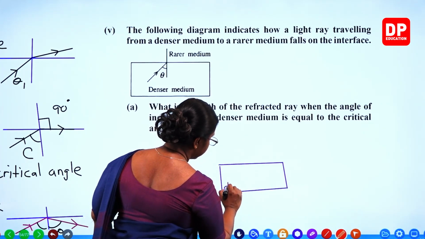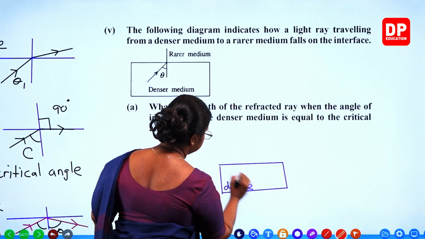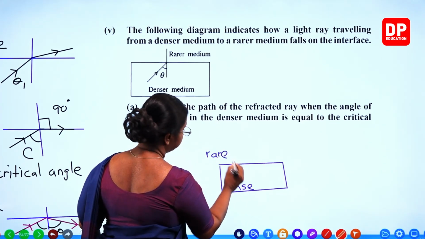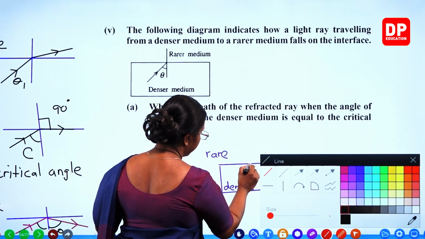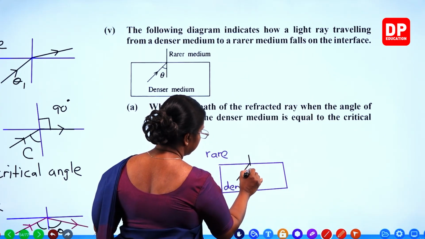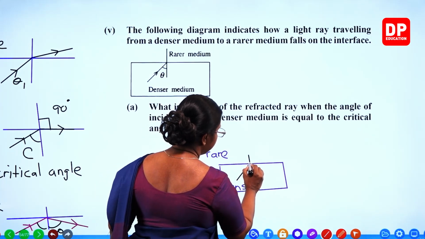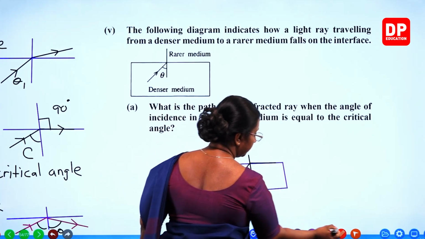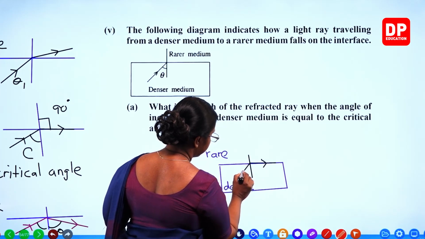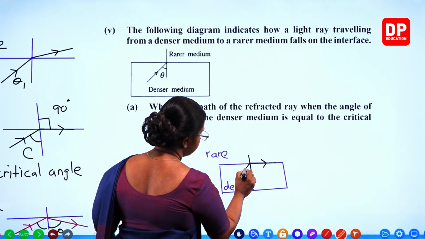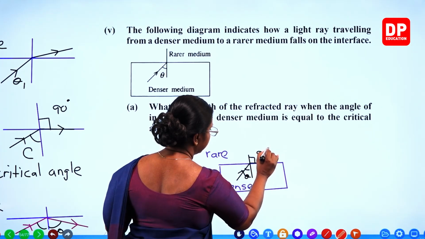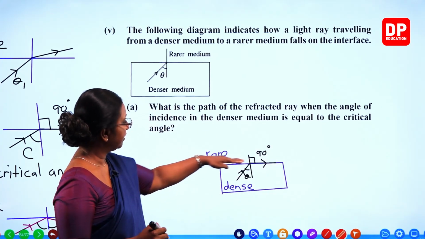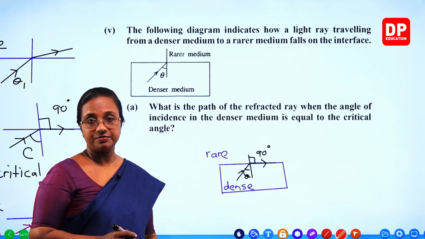This is dense. This is rare. So you have the angle, then it will go along the interface. This is theta. This will be 90 degrees. So the ray will go along the interface.